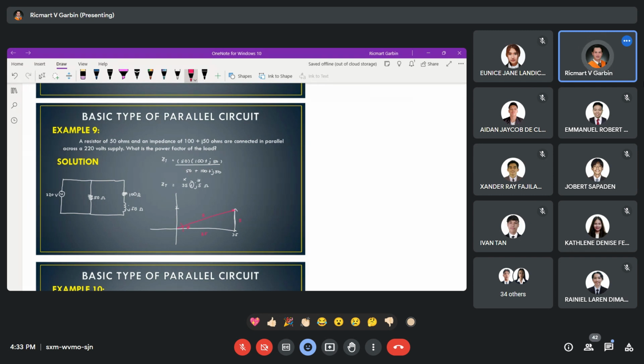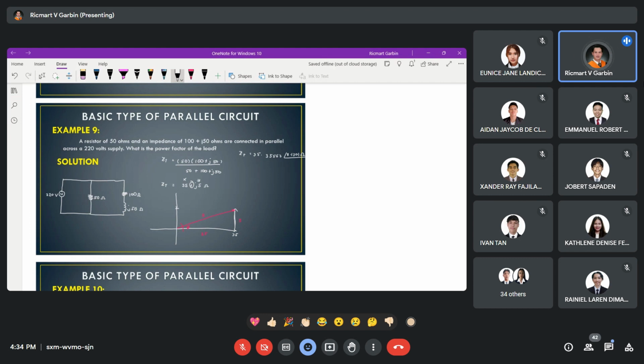Now, all we have to do is to convert this total impedance into its corresponding polar form. So, paki-convert into polar form. So, we have 35.3553 angle 8.1301 ohms.